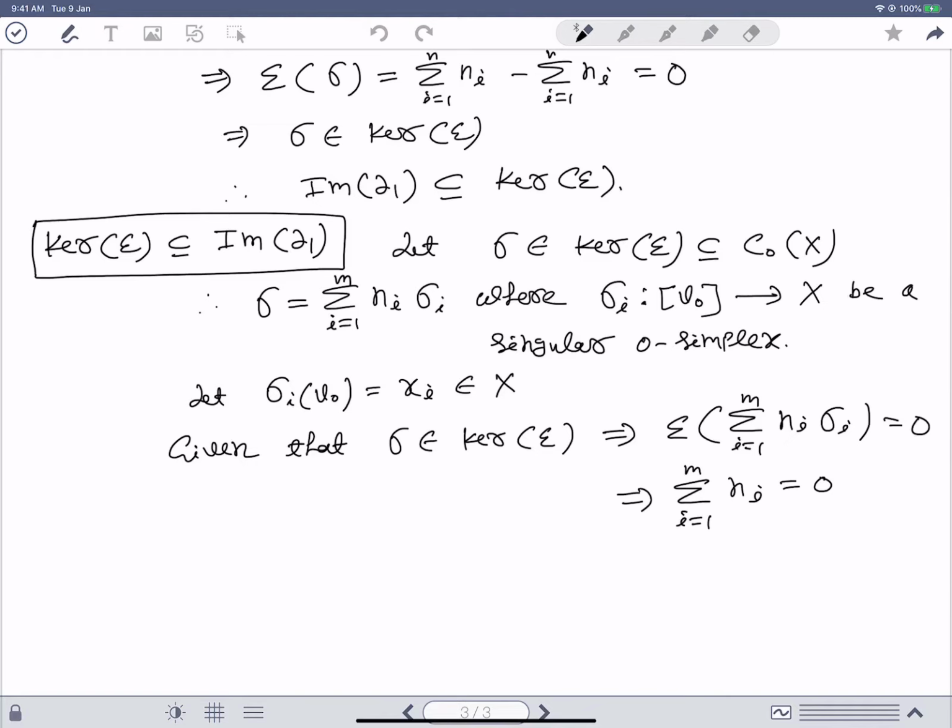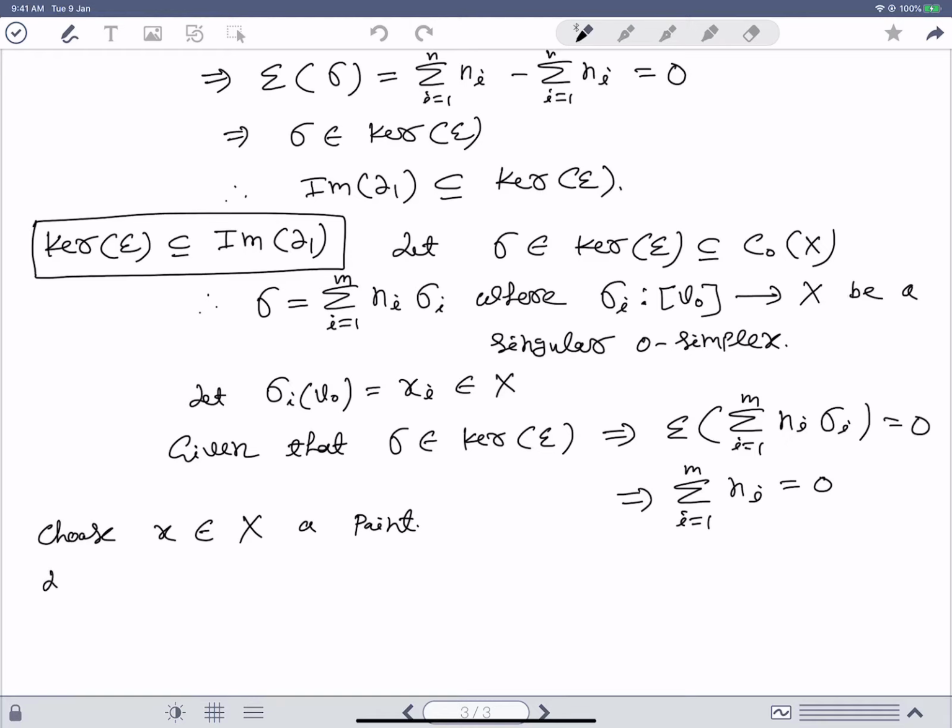Right. Now we have the elements x1, x2 up to xm in X. Now we choose another point, say arbitrary x in X. Okay, so this is a point.